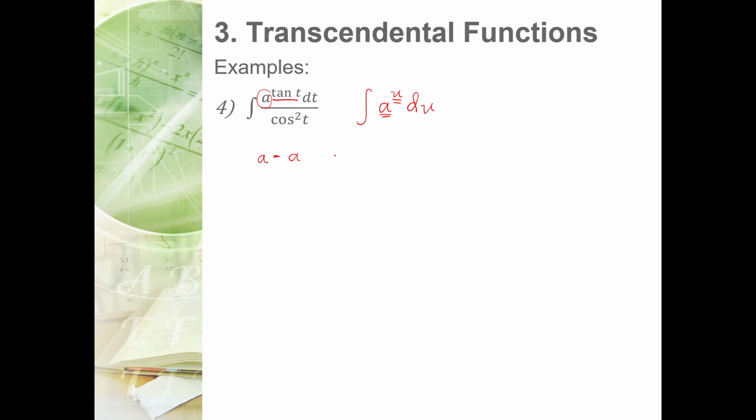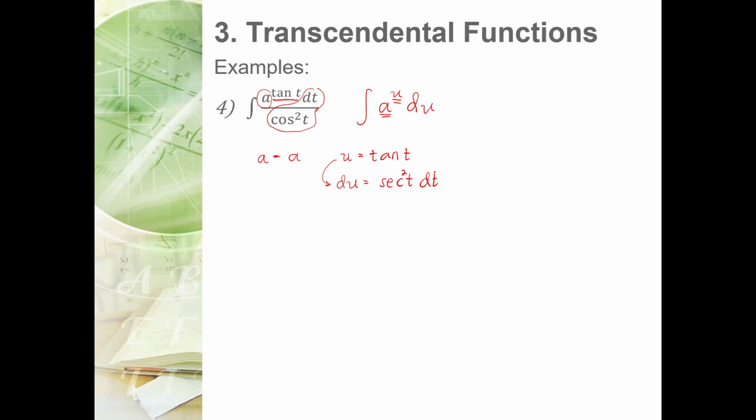So we have dt all over cosine squared t. So notice that the derivative of your tangent is secant t squared dt.